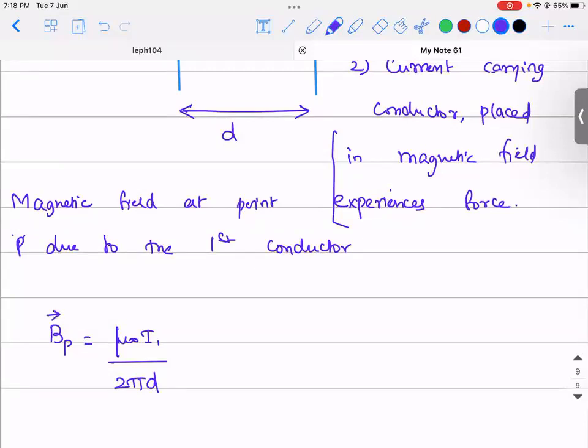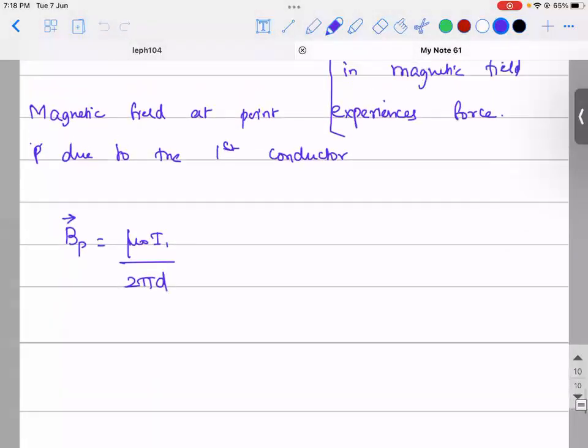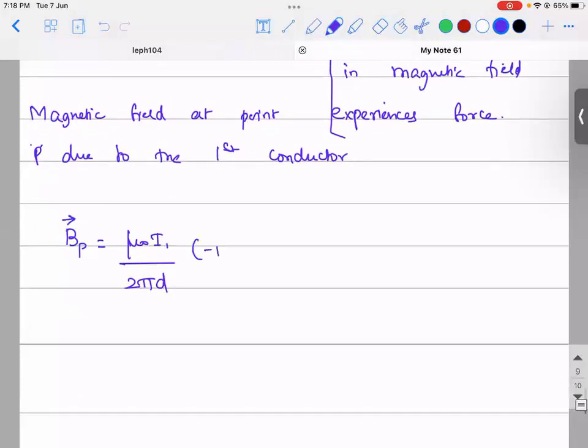Now, what is going to be its direction? It will be into the plane of the paper, that is minus z. Let me call this equation number 1.